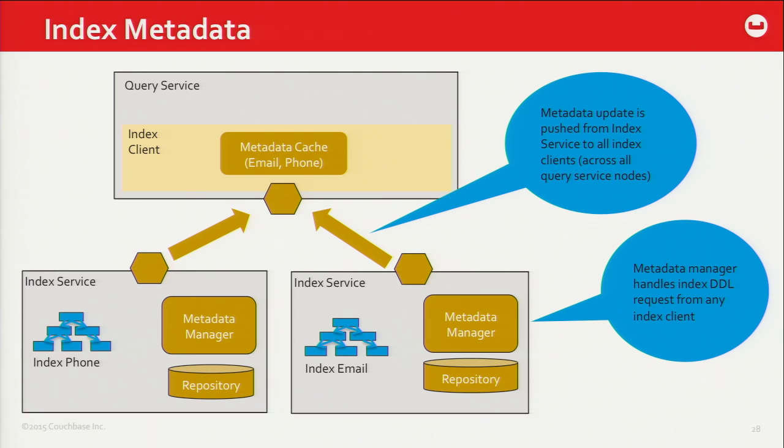Once the metadata repository is updated, the metadata managers push the updated metadata to all the query services. So if you have 2 query services and 3 indexer nodes, and one of the indexer nodes gets metadata changes, its metadata manager will update the metadata sitting in both query services.